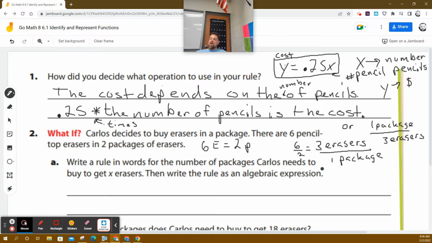If they say, how many packages, we have to figure that out. We have to write a rule. So it says, write a rule in words for the number of packages Carlos needs to get X number of erasers. We're going to use X equals erasers.